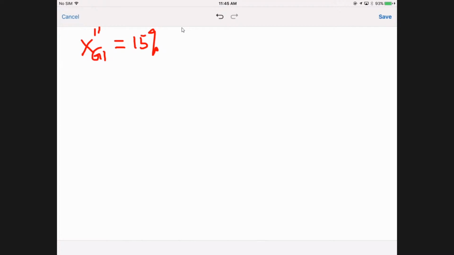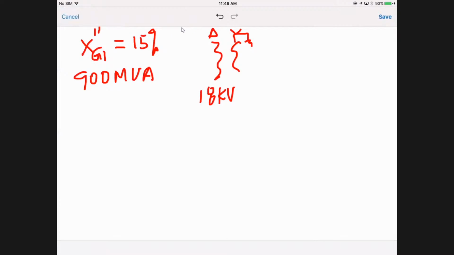The rating of the generator is 900 MVA, and the transformer is delta-Y ground, 18 kV to 230 kV.